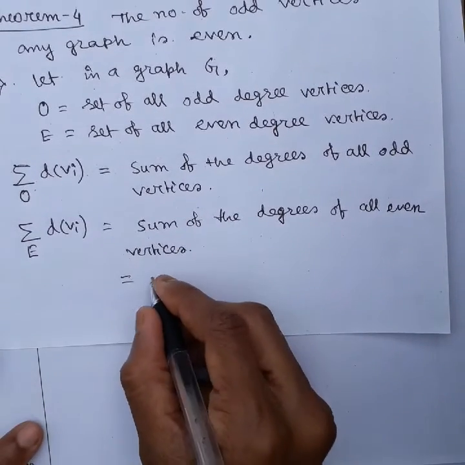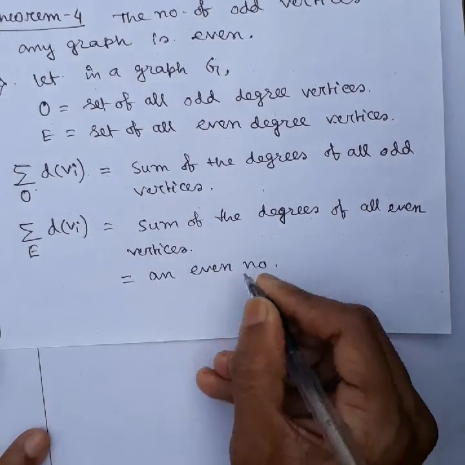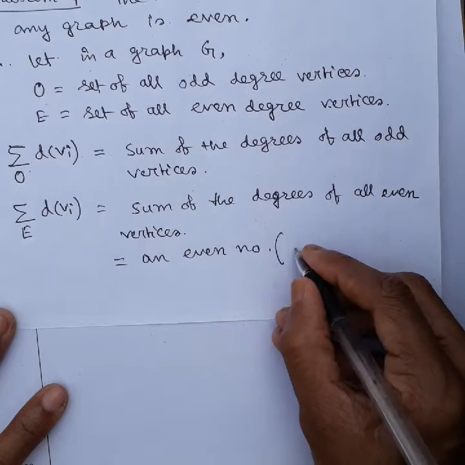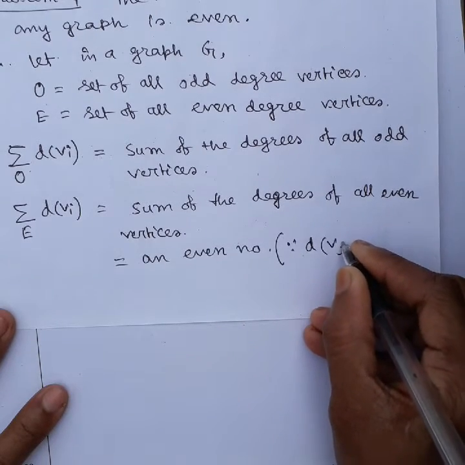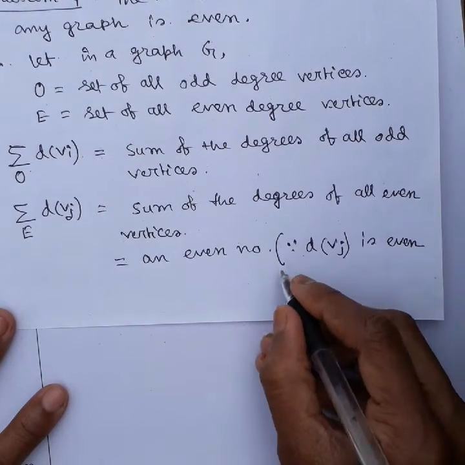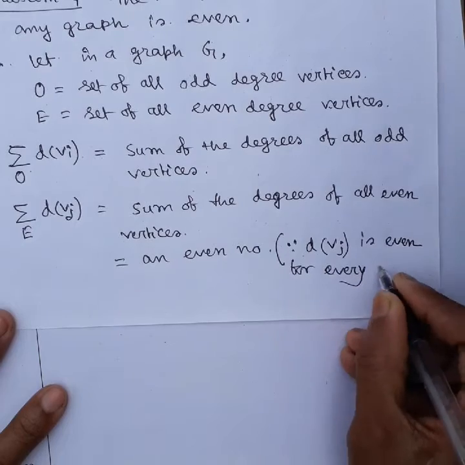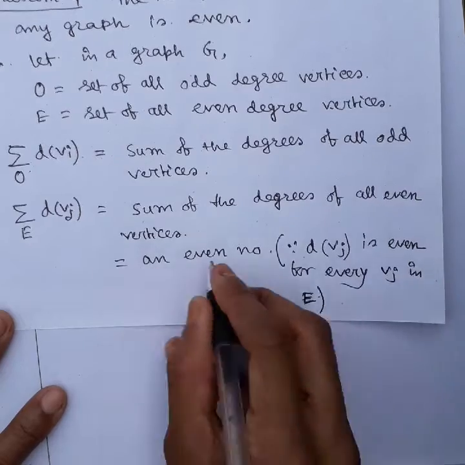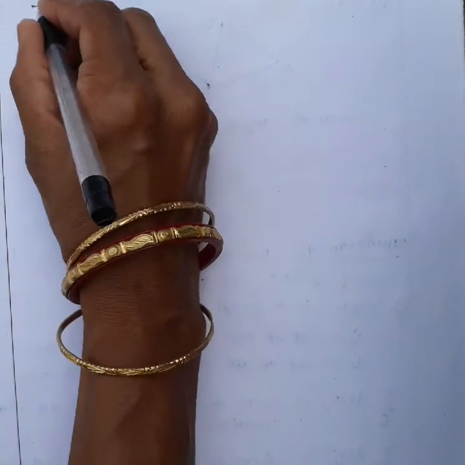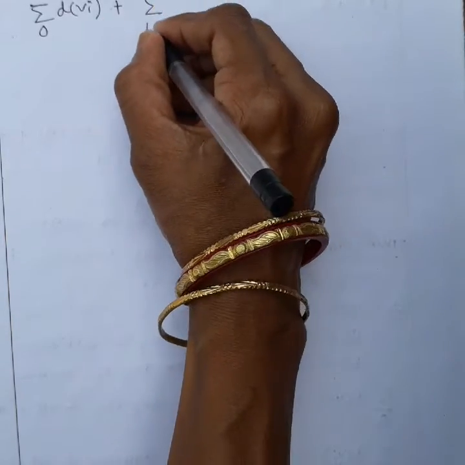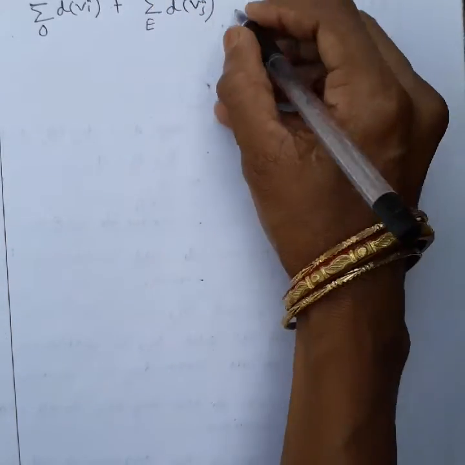We know this is an even number, because the degree of Vj is even for every Vj in E. So all are even degrees, which means this sum of degrees of even degree vertices is also even.